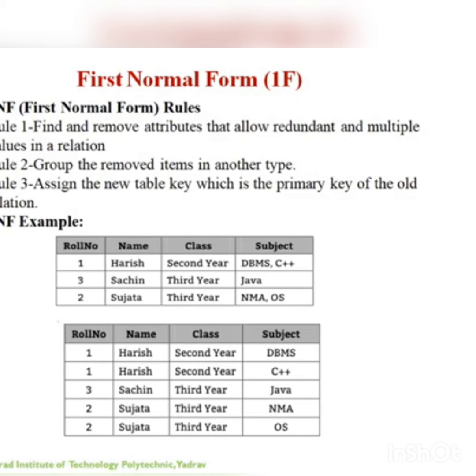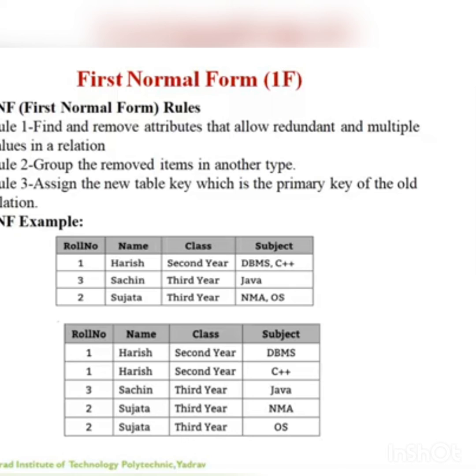Are you getting that? Here in the first table there are 3 students, named Harish, Sachin and Sujata. The classes are second year, third year and third year. Now you see the column of subject: Harish has attended 2 subjects, DBMS and C++.